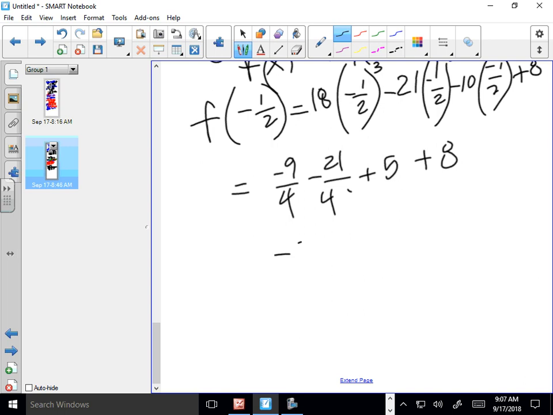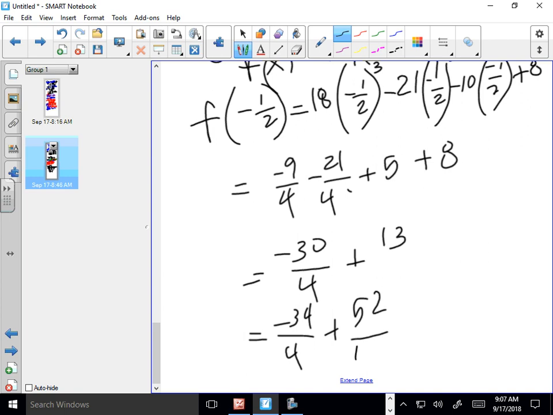That's negative 30/4 plus 13, which is negative 30/4 plus 52/4, which is 22/4, or 11/2. To me, that's really time consuming to get the number 5.5.